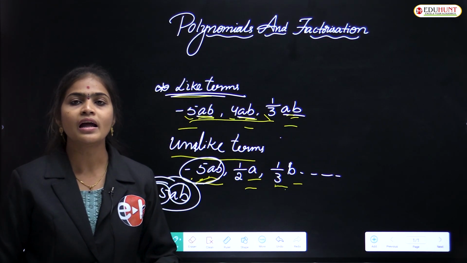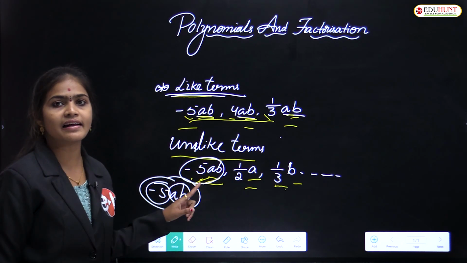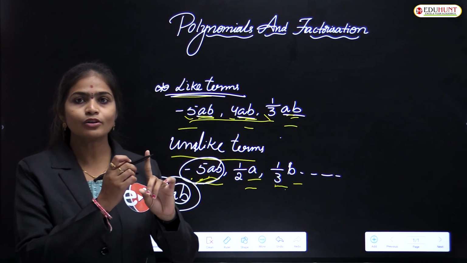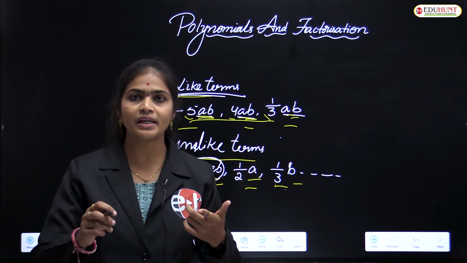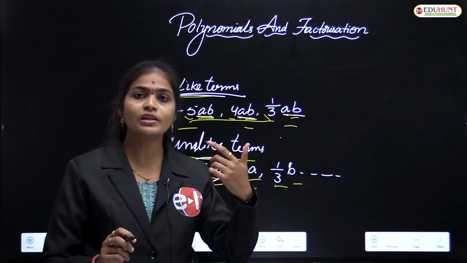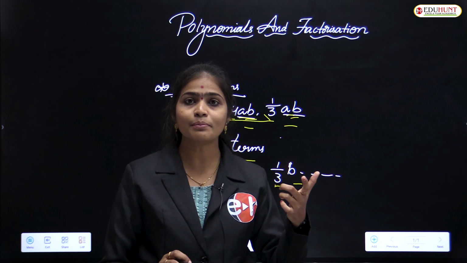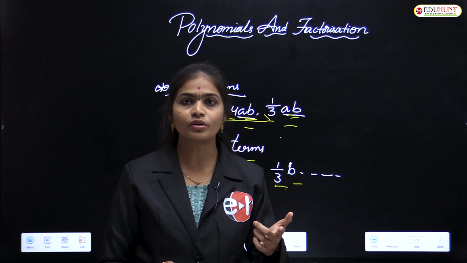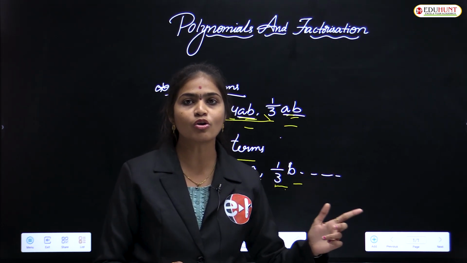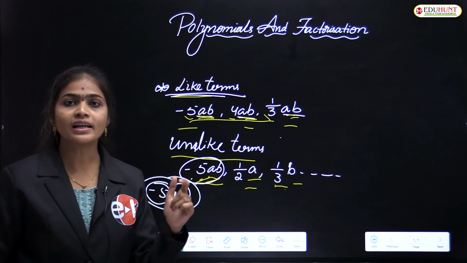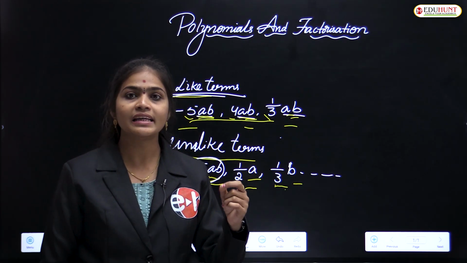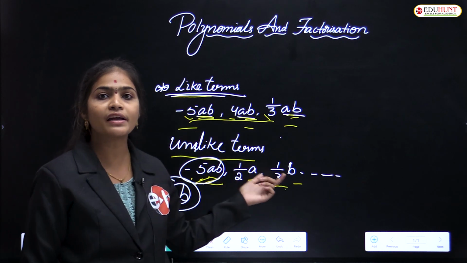Is it clear to you? In the same way, when I say the word literal, you have to go for the variables ab only. If I ask for a numerical coefficient, again, numerical coefficient, you have to go for only the constant values. Now my question: what is the coefficient of a in the term minus 5ab?